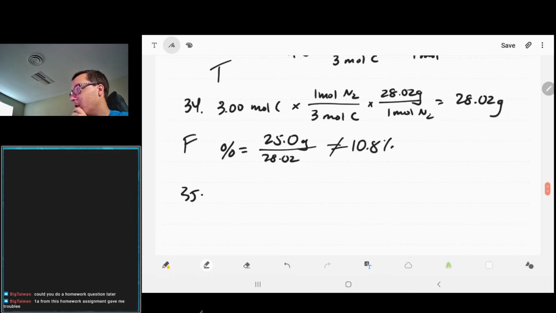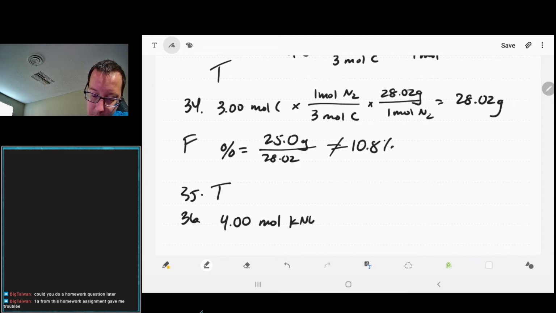If we put some amount of potassium sulfide into water, it should dissolve. Yes, that's true. Anything with potassium should dissolve. Number of oxygen atoms in that many moles of KNO3. So we have 4 moles. We have 3 atoms of oxygen per mole KNO3.